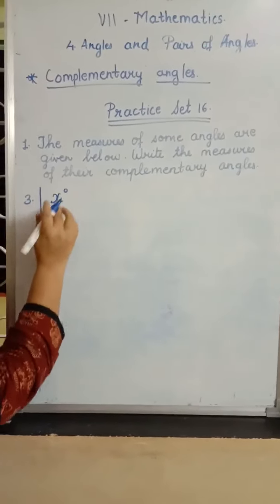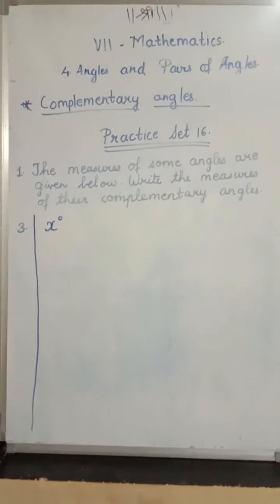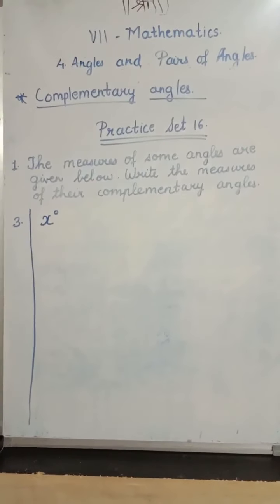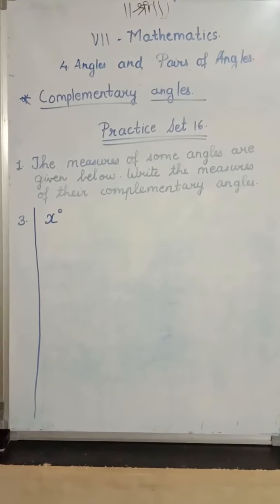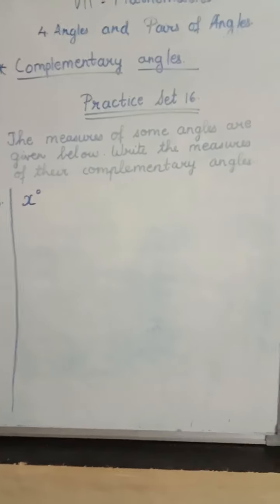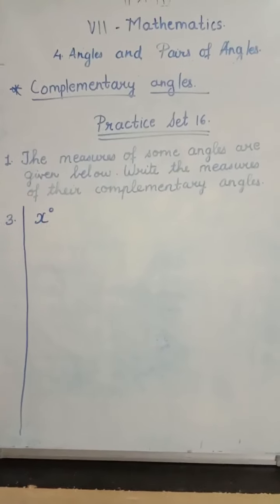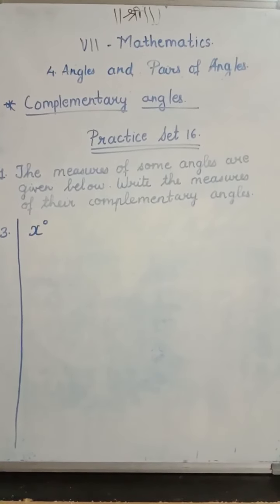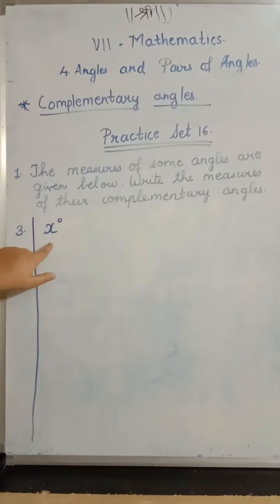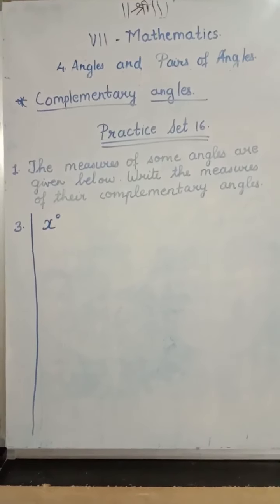We have to find the complementary angle of this x degrees. In the previous two sums, they were numbers and we had to find the other one, so we were assuming an alphabet, but now an alphabet is given. So when you are assuming, you also have to assume an alphabet only. It's very easy. Don't get confused. Earlier numbers were there, now alphabets are there, but we have to solve in the same way.